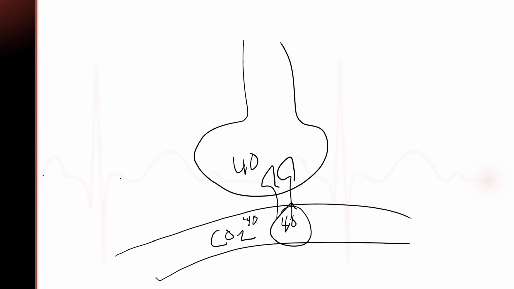And then carbon dioxide is going to move from the intracellular fluid of the red blood cell out into the blood plasma. Carbon dioxide is going to move down a partial pressure gradient here, right? Carbon dioxide is going to move from the intracellular fluid of the red blood cell, where the partial pressure of carbon dioxide is 46, out into the blood plasma, where the partial pressure of carbon dioxide within the blood plasma is 40, right?